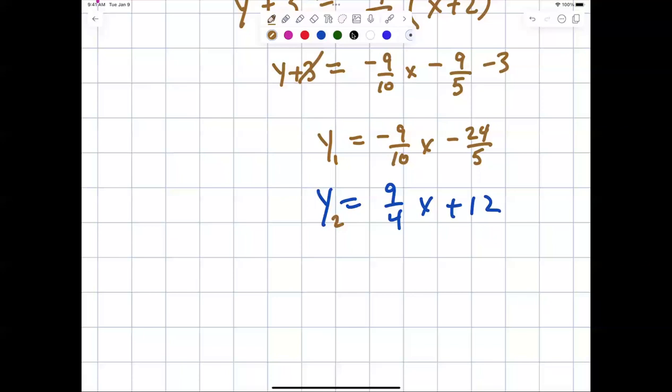The calc button is under the trace button, at the very top, like the third or fourth one over. And everyone, please learn how to use your calculator. You need to calculate the point of intersection.